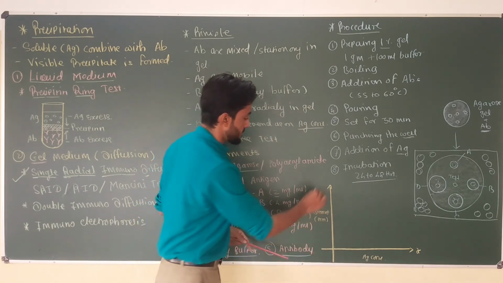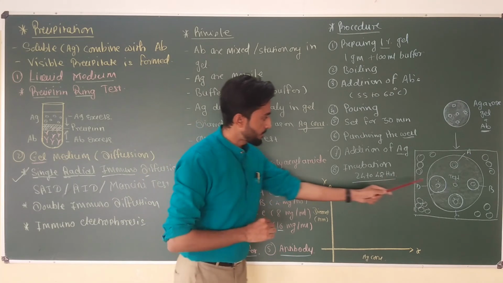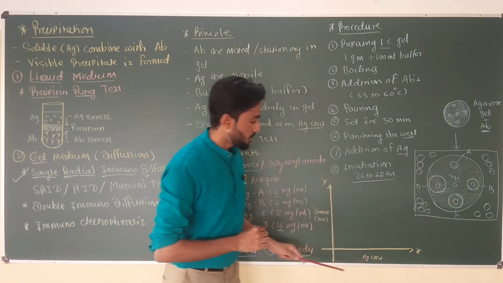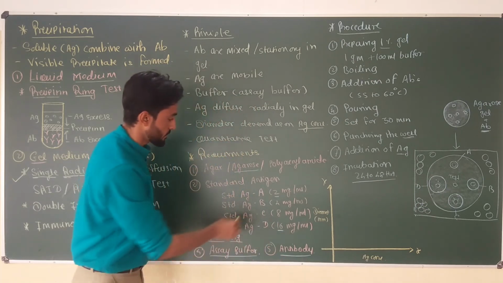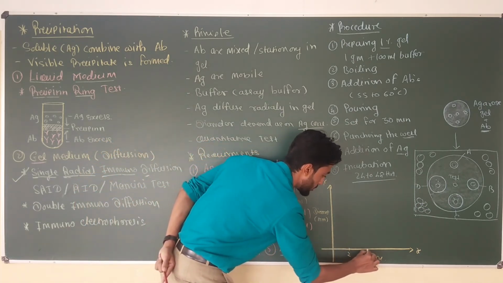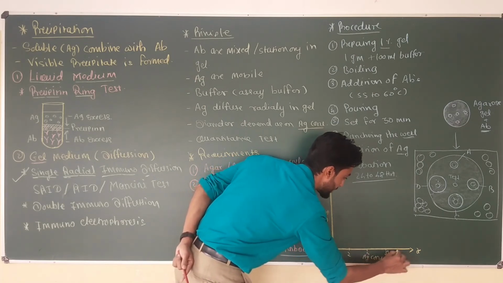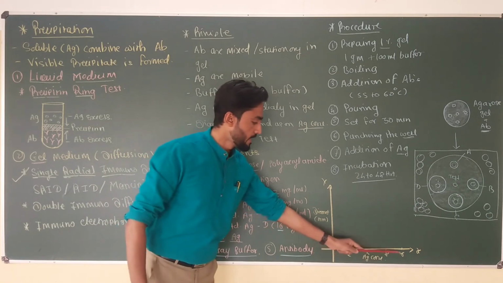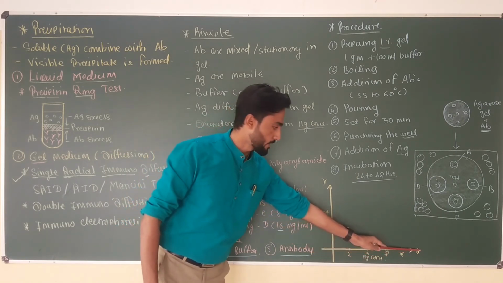So the y-axis has precipitation zone diameter in millimeters, while the x-axis has antigen concentration. We have used 4 antigen concentrations, 2, 4, 8 and 16. So I am going to mark 2, 4, 8 and 16 mg per ml antigen concentration points on the x-axis.